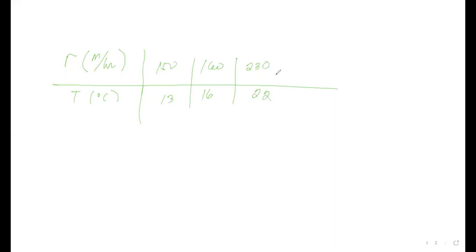This is the running speed and this is temperature in degrees Celsius. 150 and 13, 160 and 16, 230 and 22, 295 and 24, and 370 and 28.